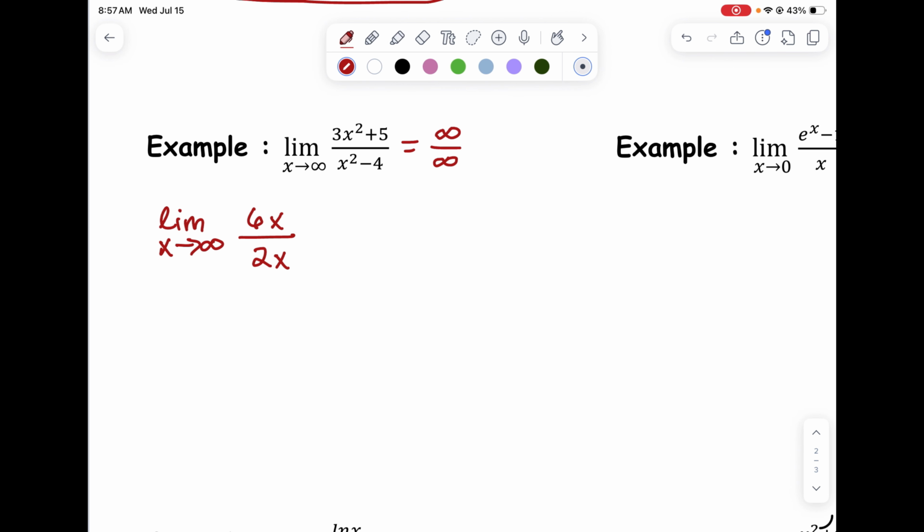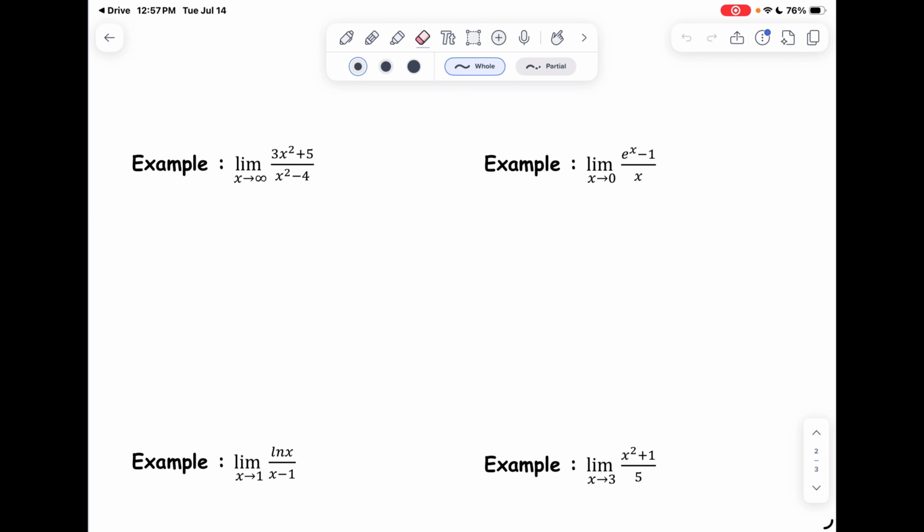Now, if you divide those, 6x over 2x is 3. And we don't even have to do the direct substitution anymore. So the limit as x approaches infinity of 3x squared plus 5 over x squared minus 4 is equal to 3.